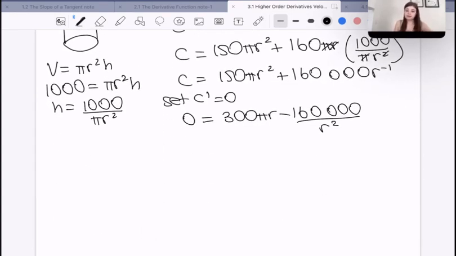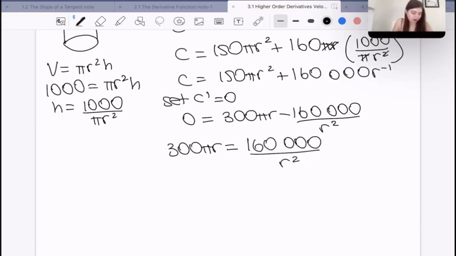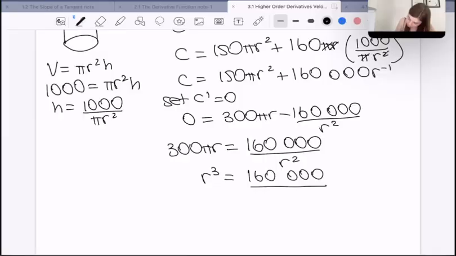Well, that means that 300 pi r is equal to 160,000 over r squared. All right, and then that means that r cubed is equal to 160,000 over 300 pi, right?